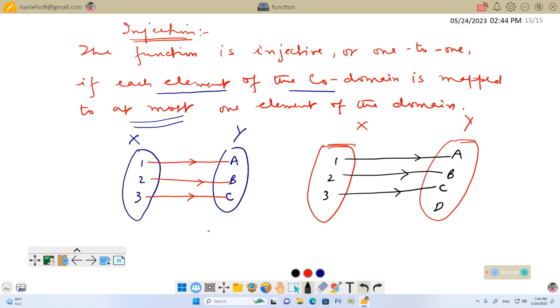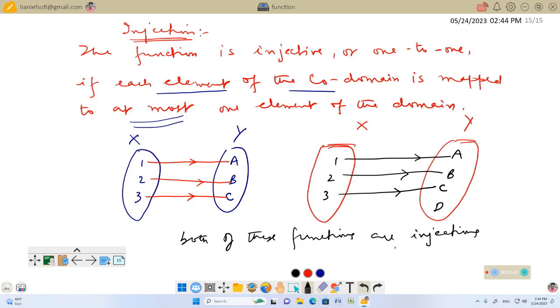So both of these functions are injections, right?